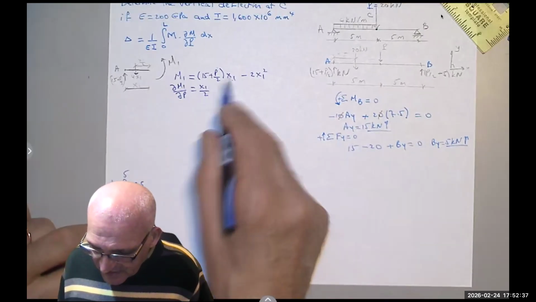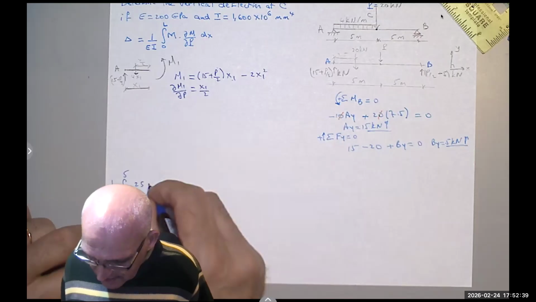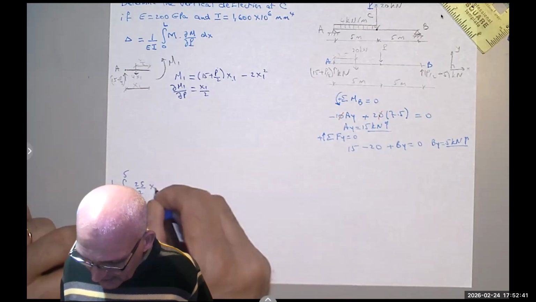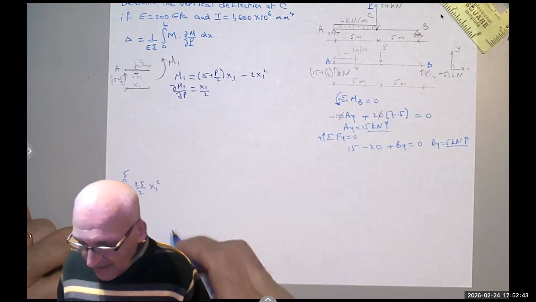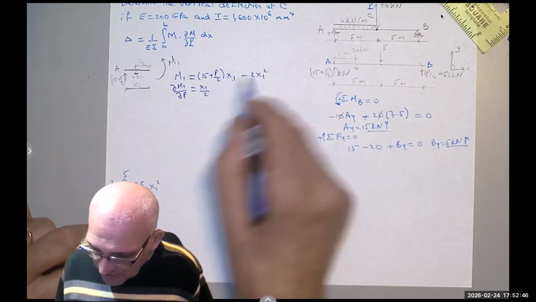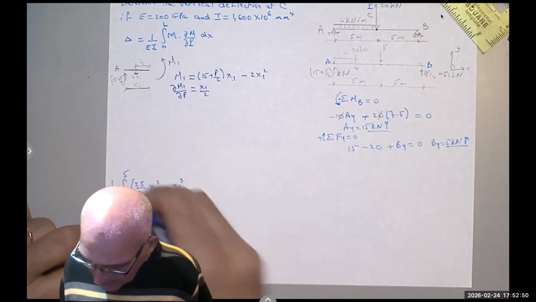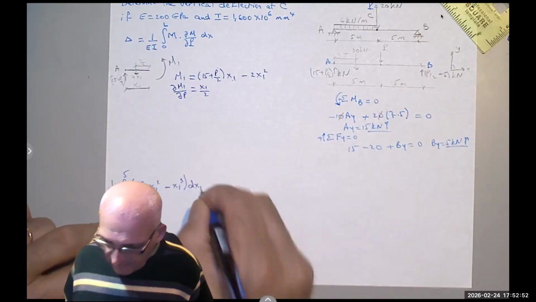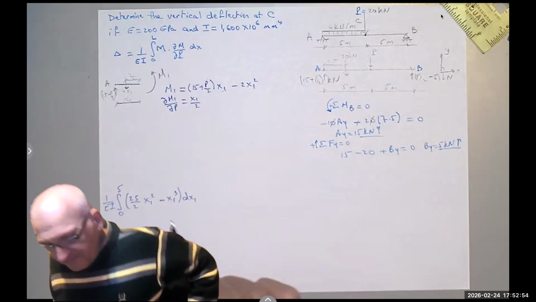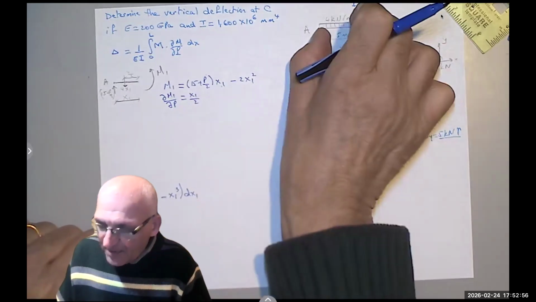Multiply that by x1 over 2, so it's 25 over 2 x1 squared. And then you multiply these two, the 2 and the 2 cancel, and you get minus x1 cubed dx1. That's the deflection of this part.